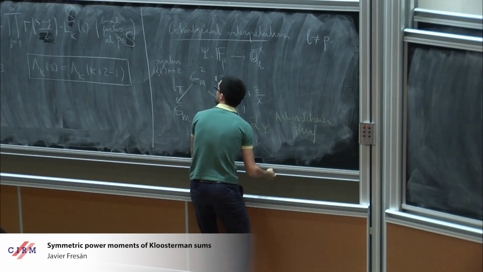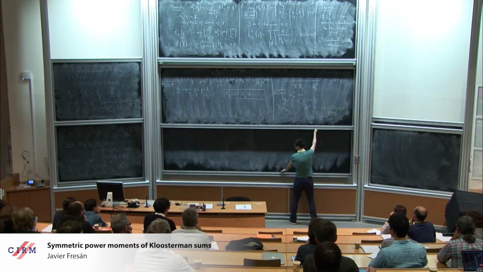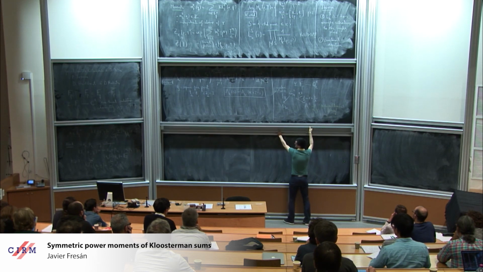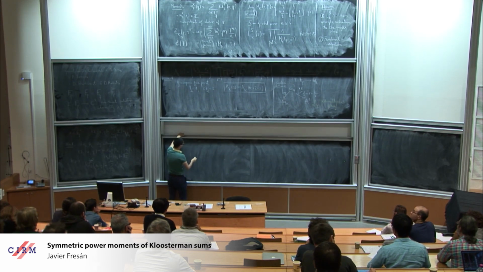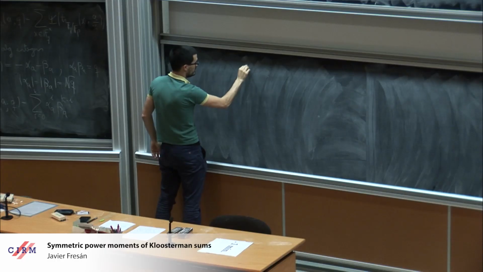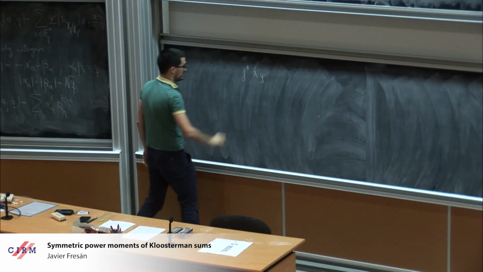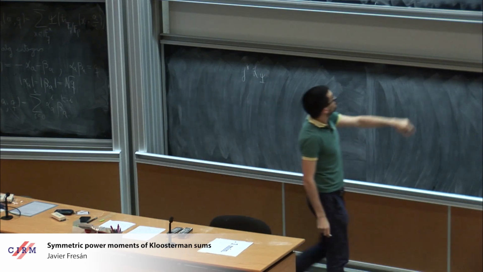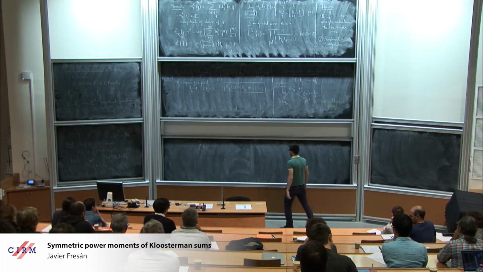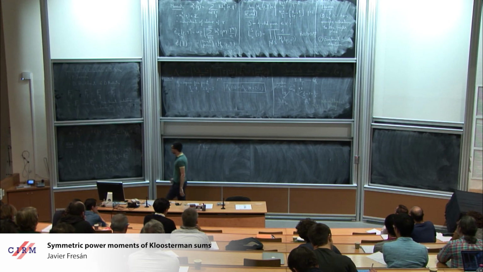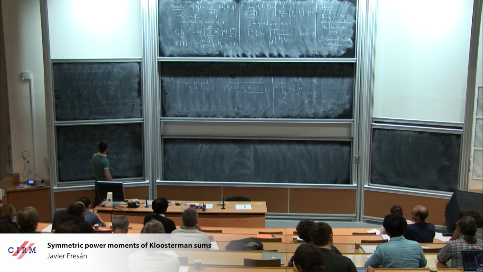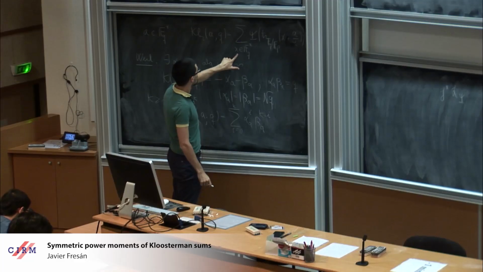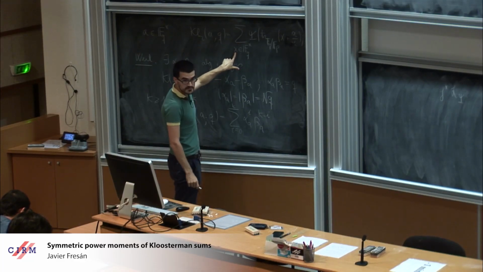So the next step here is to take the pullback of the Artin-Schreier sheaf by the function. So in such a way we get an l-adic local system on G_m squared. But then we still want to sum over all values of x.